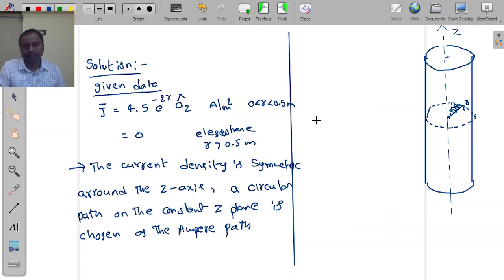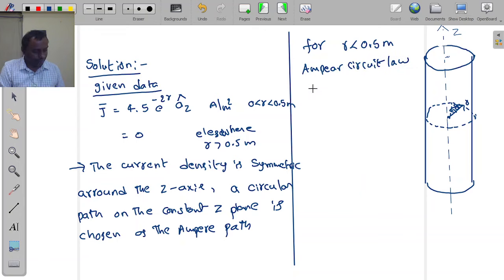Now for radius less than 0.5 meters, by applying the Ampere circuit law, the closed loop integral of H dot dl will become the current density covered by that surface, J dot ds.